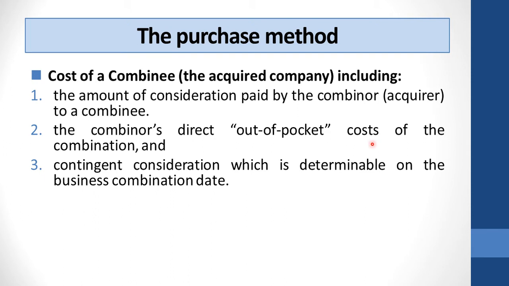There are some costs associated with the combination process. These costs are called out-of-pocket. The direct out-of-pocket costs are part of the cost of a combinee. And finally, the contingent consideration. These are amounts that will be paid later on as agreed between the combiner and the combinee.